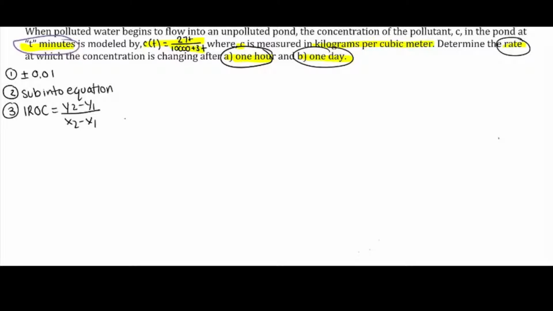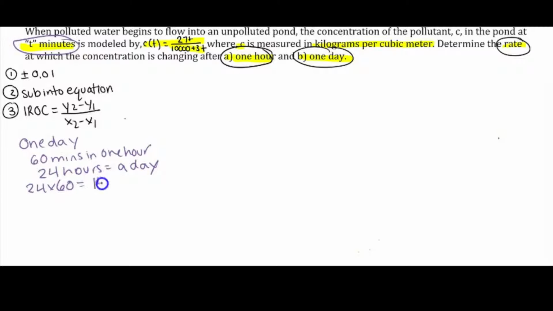Now we are trying to find the instantaneous rate of change after 1 day. So we know that there are 60 minutes in 1 hour, and we also know that there are 24 hours in a day. So if we do 24 times 60, we will get 1,440 minutes.